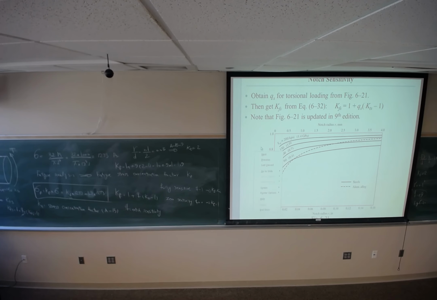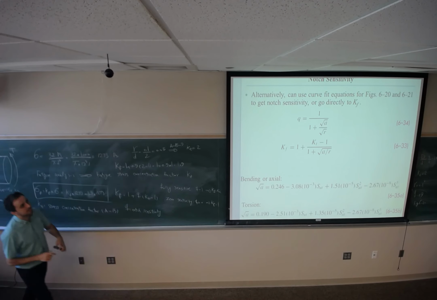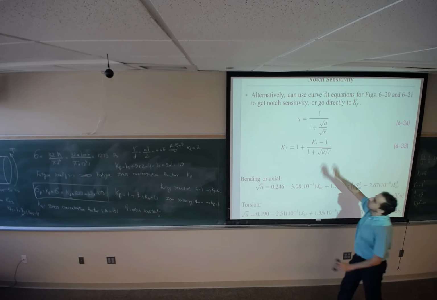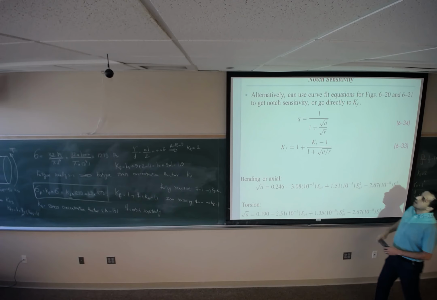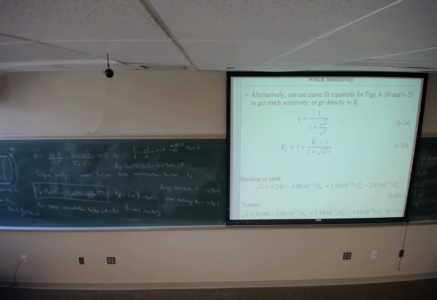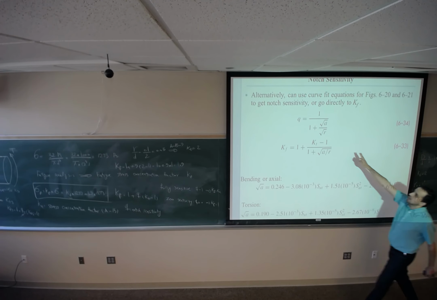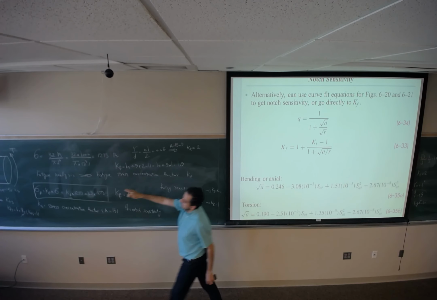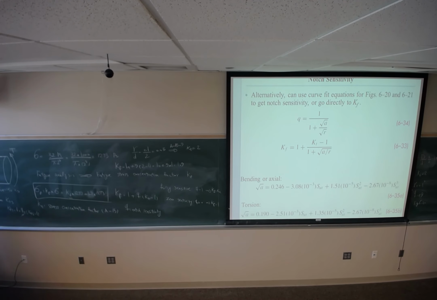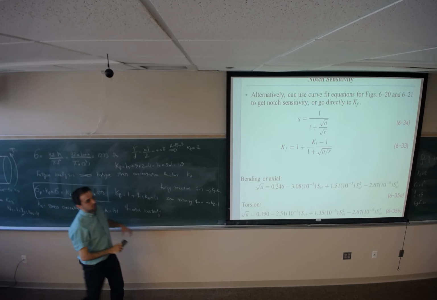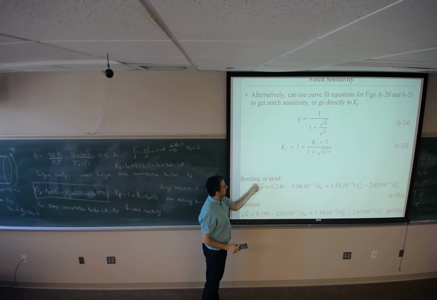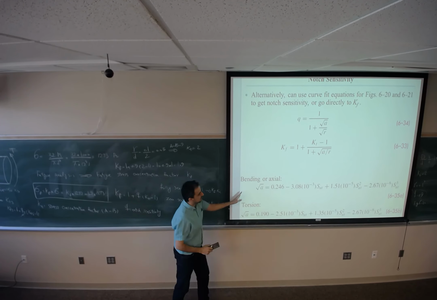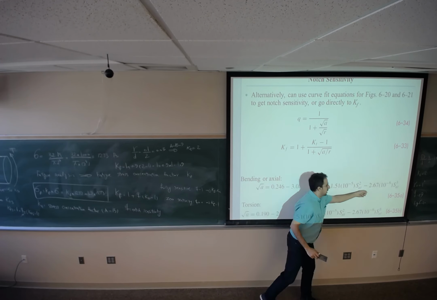There is an alternative to find Q. If you don't like to look at that figure 620, you can use this equation. Q equals 1 divided by 1 plus square root of A divided by square root of R. R is the radius of the fillet that you can measure or you are given. But what would be the A? The square root of A, if you have bending or axial loading, can be obtained by this equation.